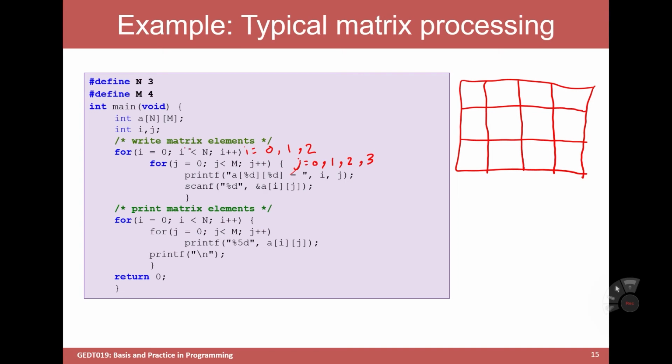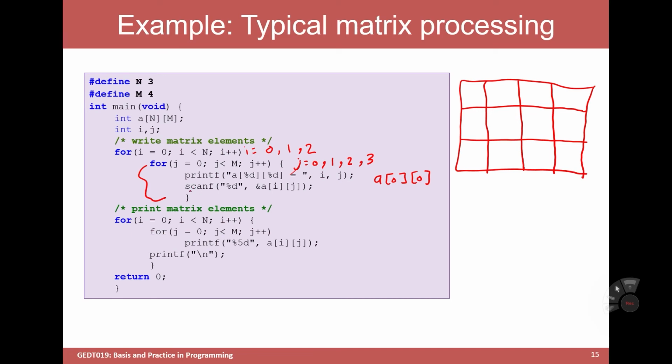So when i is equal to 0, run this loop. What this loop will do is print on the screen a[0][0], because i is 0 in the first loop and the first time you run the j loop, j is 0.